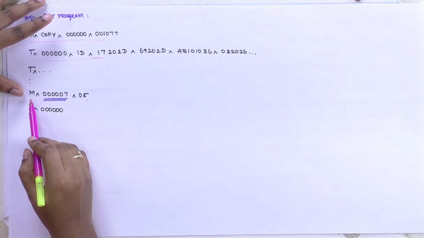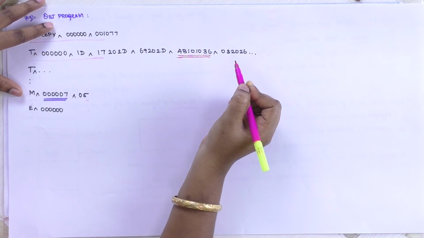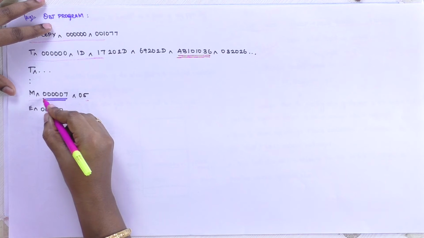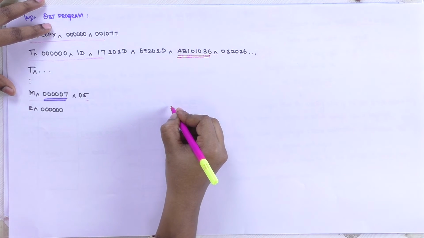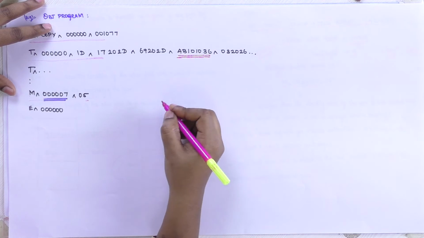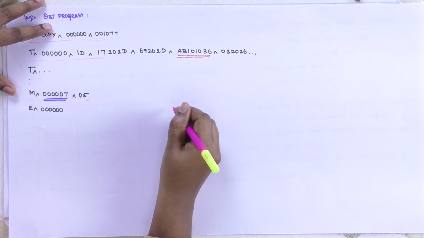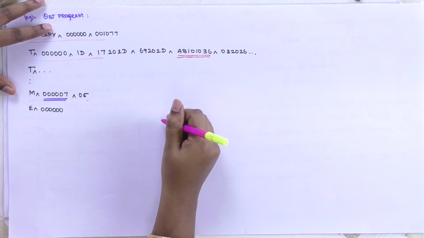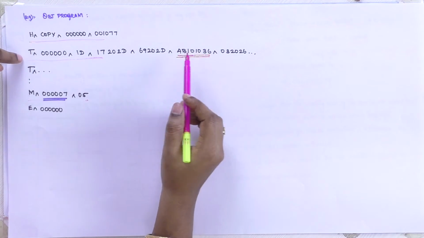The same modification record I have written for this object code. See 0007. I have already told how to form this 0007: you have to add 1 to the respective location counter value. The respective location counter value is 0006, so 0006 plus 1 becomes the starting address, 0007, of this object code.